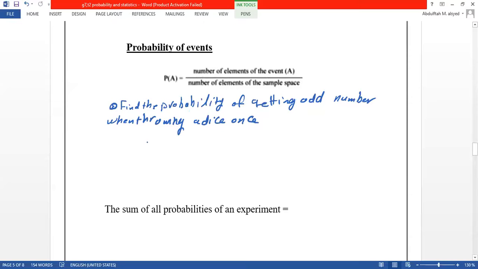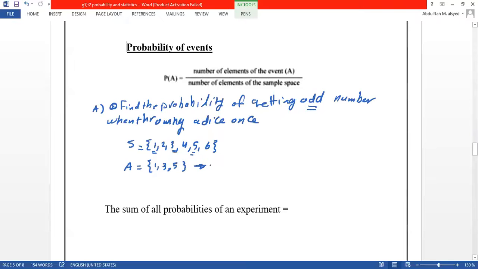First, what is the sample space of throwing a dice once? Sample space equals 1, 2, 3, 4, 5, and 6. This is all the faces of the dice. The event A, for example, is the event of getting odd numbers. What are the odd numbers that may appear on the upper face of the dice? 1, 3, and 5.